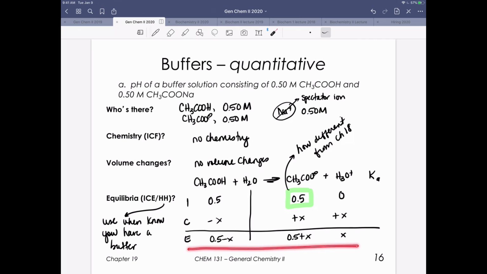Propagate your values here in your ICE table to get 0.5 minus x, 0.5 plus x, and x. So I'll give you a minute to let this sink in and think now again about what this means. How would we solve this ICE table to essentially get our x, because that's going to determine what H3O+ is.